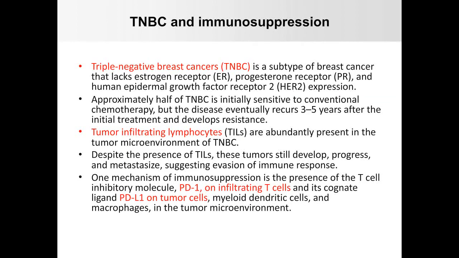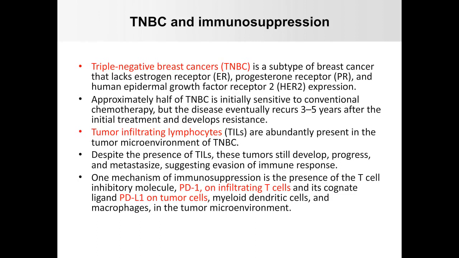One type of breast cancer of our interest is called triple negative breast cancer. This subtype of breast cancer lacks the estrogen receptor, the progesterone receptor, and the human epidermal growth factor receptor 2.